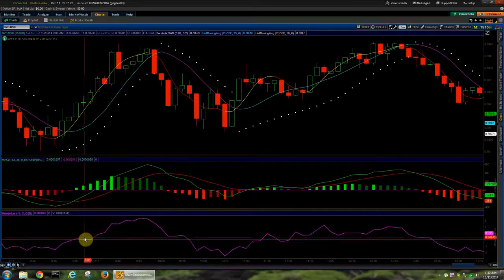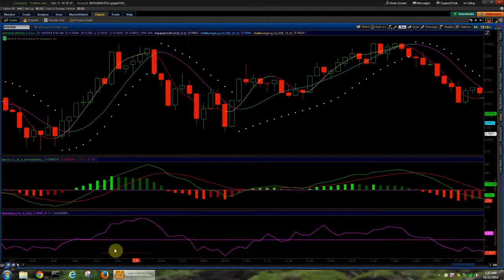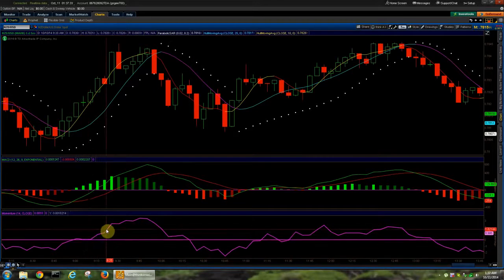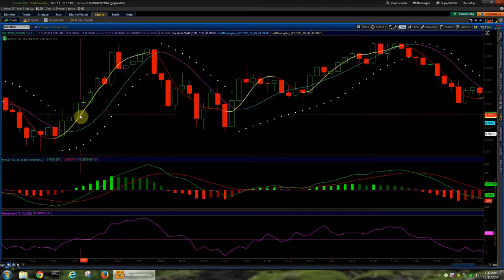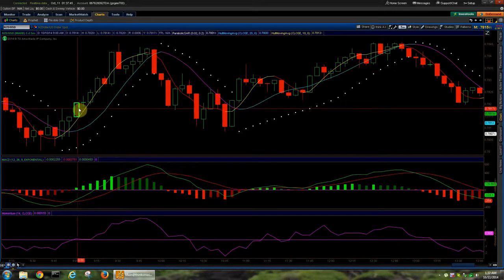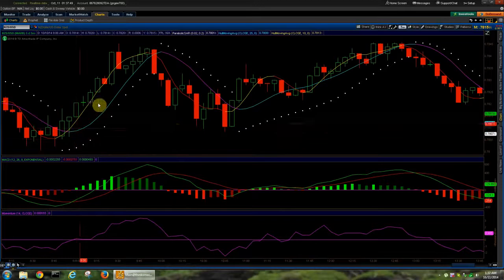So above 0 for a call and below 0 for a put, but it doesn't necessarily always have to be that way. And then you'd like to see it be a smooth uptrend. You don't like to see it jagged up and down, because that would mean the price action is choppy, like red candle, green candle, red candle, green candle. You like to see it more smooth.